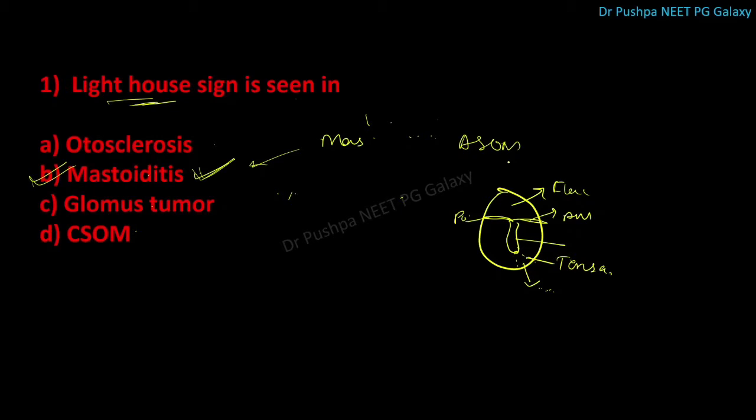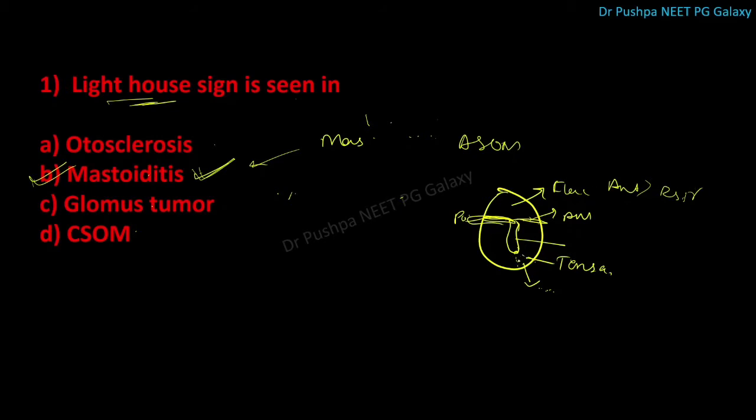So one more question will come here: whether the anterior malleolar fold is longer or the posterior malleolar fold. In the diagram it appears like the posterior malleolar fold is longer, but the anterior malleolar fold is longer than the posterior malleolar fold.